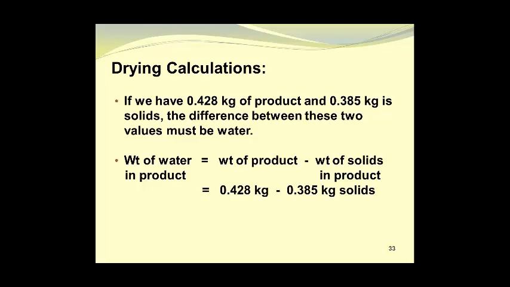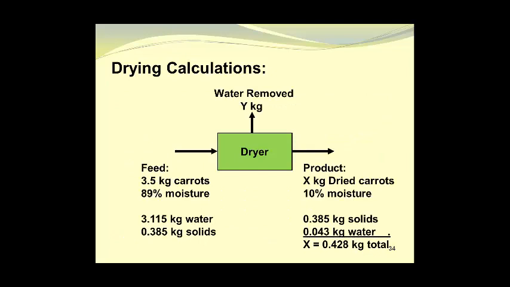We can substitute the values: 0.428 kilograms of product minus 0.385 kilograms of solids, which means we must have 0.043 kilograms of water present in the product. And now we can add this to our diagram. Down in the bottom right-hand corner we have the value of X, because we now know how much dried product we have, and we also know the amount of water that's present.